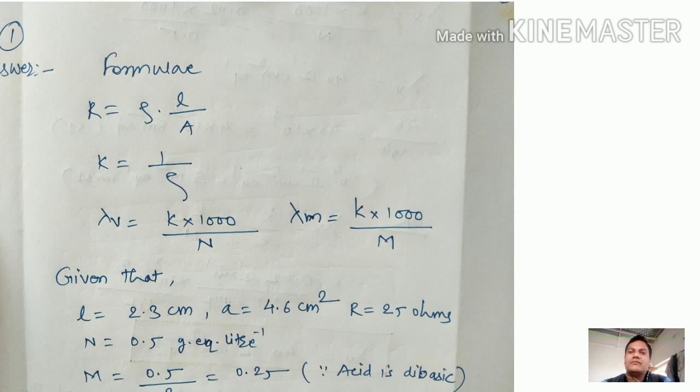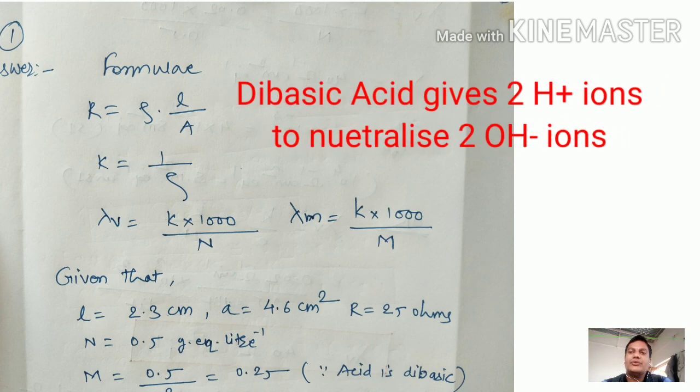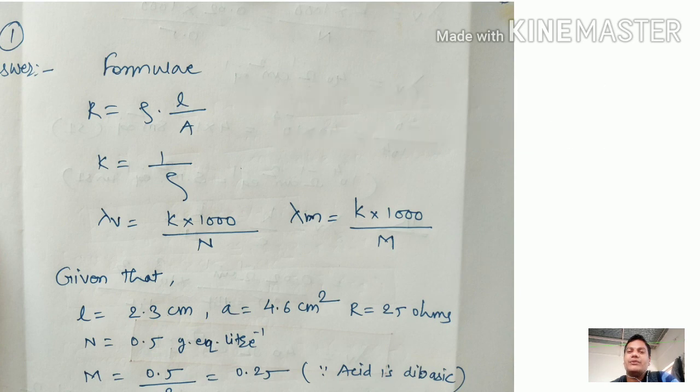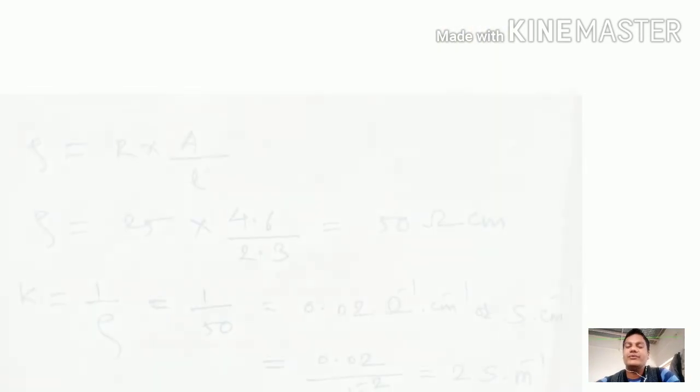It can give two H plus ions for the neutralization of two OH minus ions. So that is nothing but dibasic acid. So it is dibasic, that means it neutralizes two OH minus ions. Because of this we can write M is equal to 0.5 by 2, that is equal to 0.25. So how does this 0.25 come? Because the acid is dibasic, due to which it is 0.25.